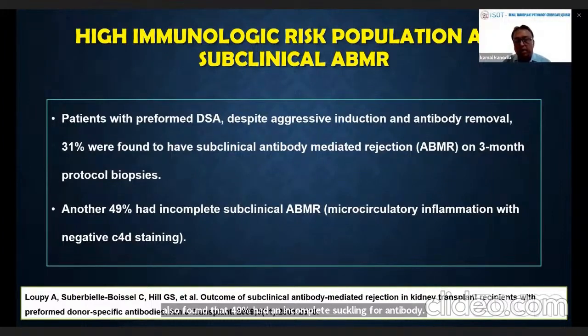So whenever the HLA antibody is positive before the transplantation, in sensitized patients, even when they go through the desensitization program, almost 31% of these patients had ABMR on the 3-month protocol biopsy.